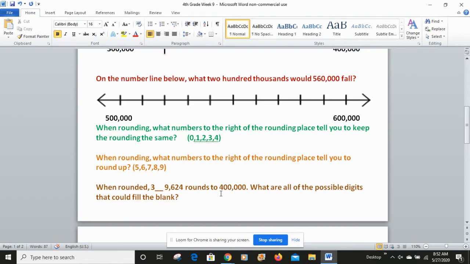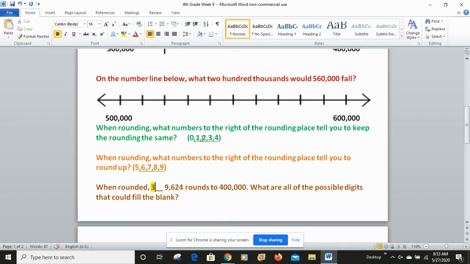And since we're rounding this to 400,000, all the rest of these change to zeros. I know that my rounding place is going to be right there. So if I look to the right of that, I would need a digit that would tell the 3 to go up to a 4.